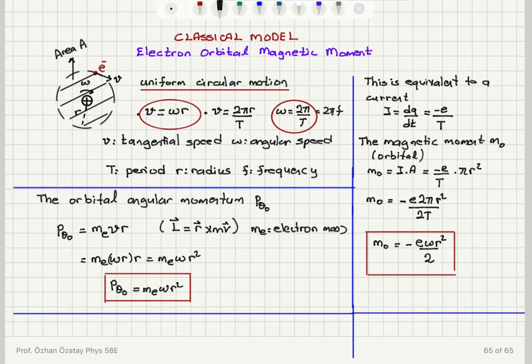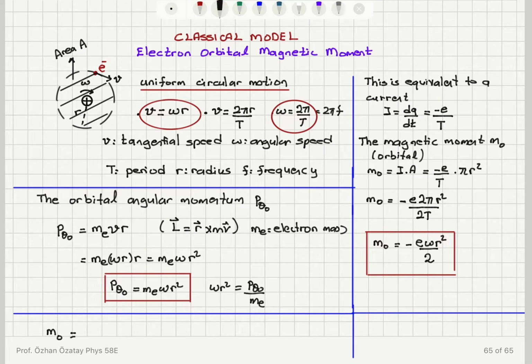Now, if I substitute this result into the orbital magnetic moment, basically orbital magnetic moment, MO, is for omega r squared, I can substitute the angular momentum divided by mass of the electron.